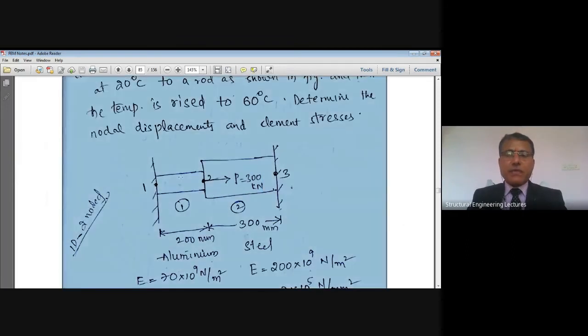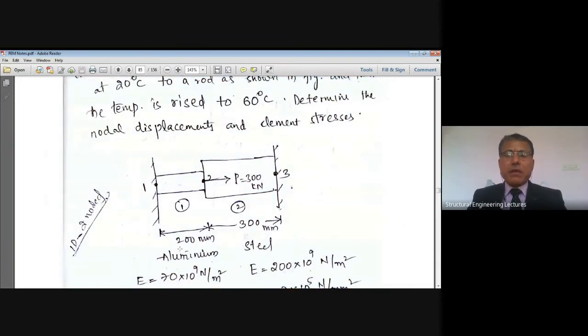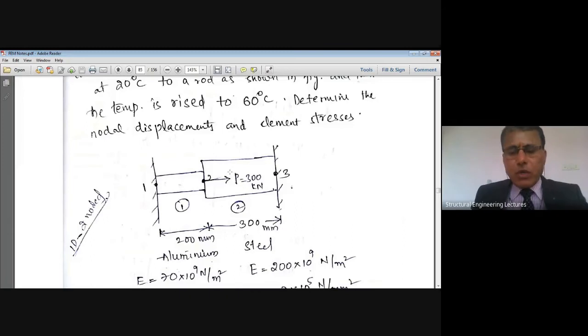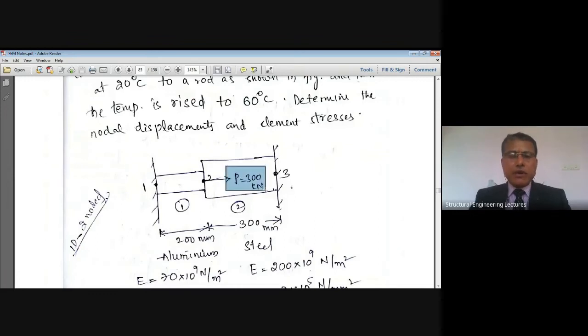Compared to that, the self-weight of this aluminum is hardly much more than 1 or 2 Newtons. Like that, even that of the steel rod, maybe 1 kilonewton or 2 kilonewtons, which may be neglected, as against this heavy load of P equal to 300 kilonewtons.